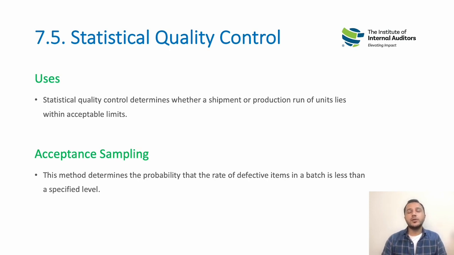Because sometimes we could go to nearly zero error, but then the cost of deploying that control might outweigh the benefit, and our product or services might become more expensive for the end consumer, and we might not be able to compete.